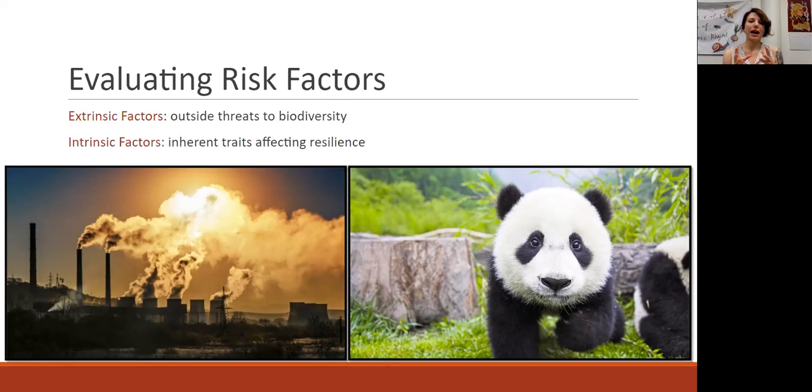So these are things that are happening within the animal's environment that ultimately end up being a detriment to their survival. And then there can be things about that animal's biology that lend itself towards being more vulnerable as a population as well. So we're going to talk about a few examples of each of these.